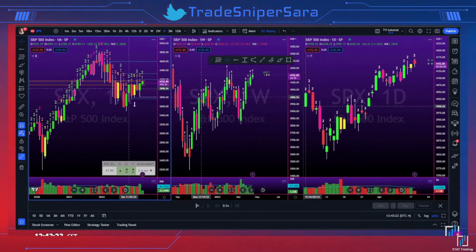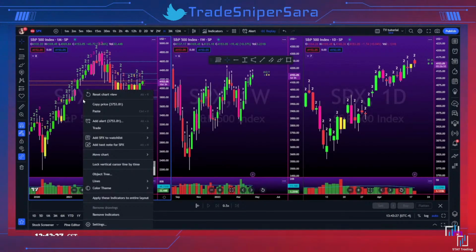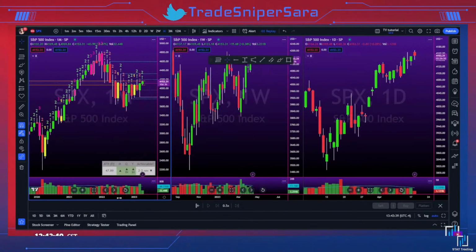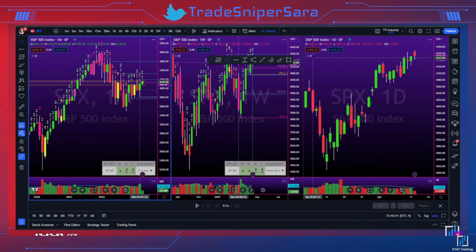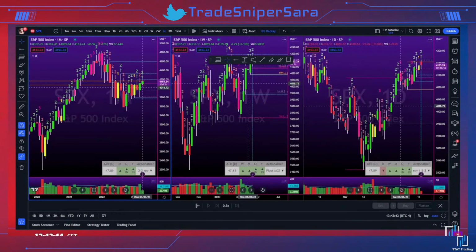If you want them to all have the exact same indicators, you just right click and then hit this, apply these indicators to entire layout, and you'll see this 6 will change to an 8 and this 7 will change to an 8. We'll hit it. See? So it does it all for you.